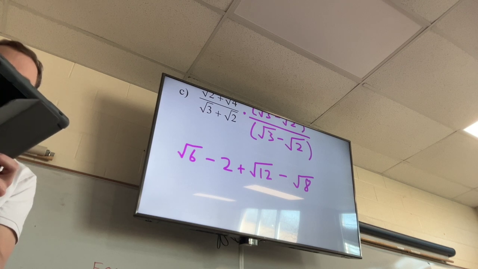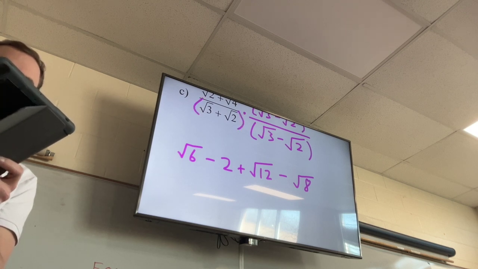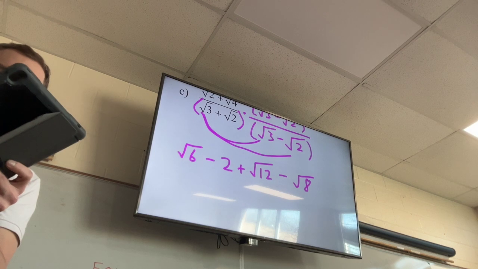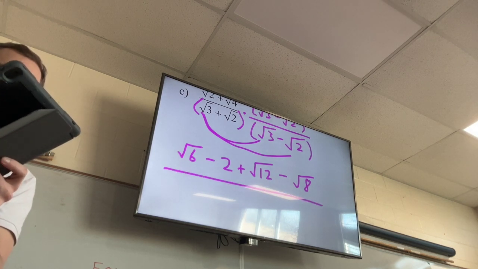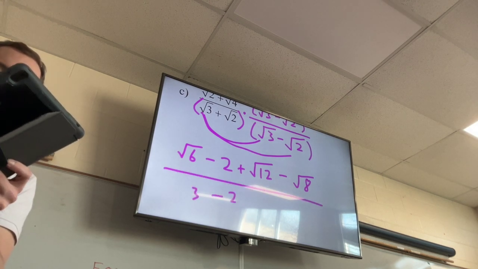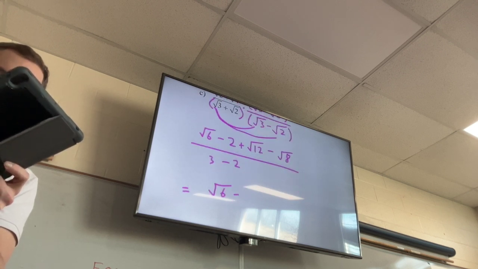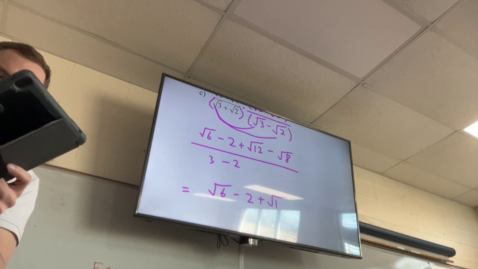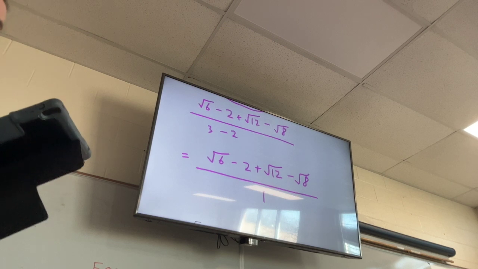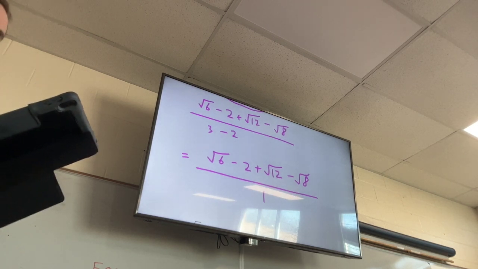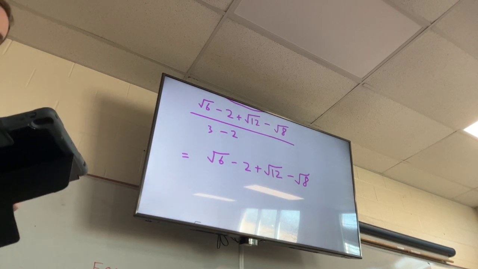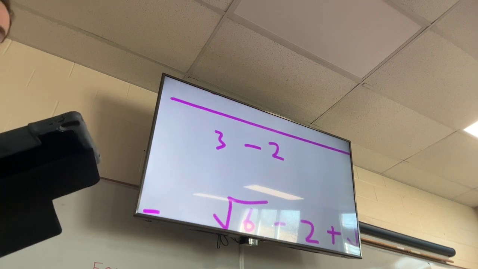And on the bottom, my outer and inners will cancel, so I just have to do first and last. So that's going to be 3 minus 2 on the bottom, all over 1, and I can just ignore that. Why is that all over 1? Because 3 minus 2 is 1.